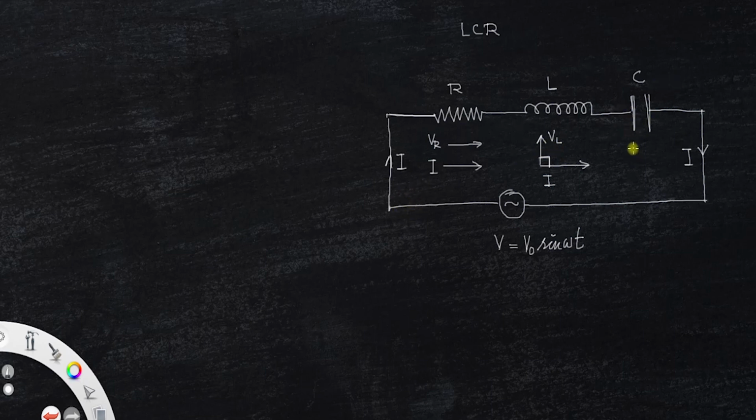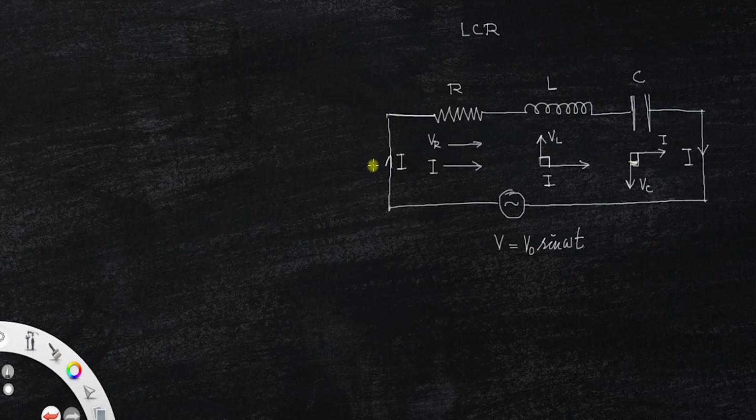And when it comes to a capacitor, if this is the current, then the voltage across the capacitor, which we represent as VC, lags behind the current by a phase of pi by 2, that is 90 degrees. So these are the three cases. I'll say again, for a resistance, voltage and current are in the same direction. But for the inductor, voltage leads the current by 90 degrees. And for the capacitor, voltage lags behind the current by 90 degrees.